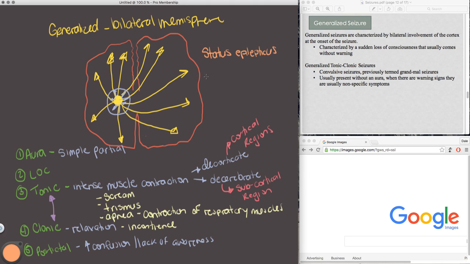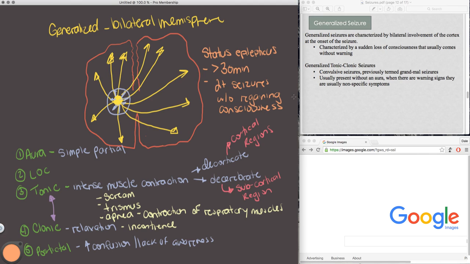Status epilepticus is when someone has a seizure lasting greater than 30 minutes, or they have 2+ seizures without regaining consciousness. And again, the big life threat associated with this is that we're worried these patients may end up in apnea, and they may end up hypoxic.